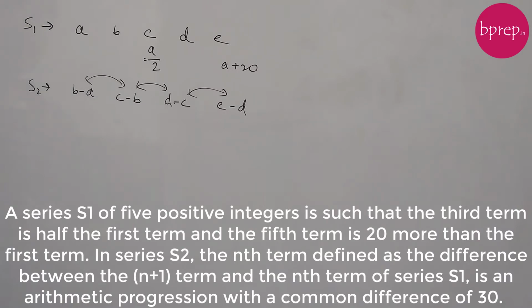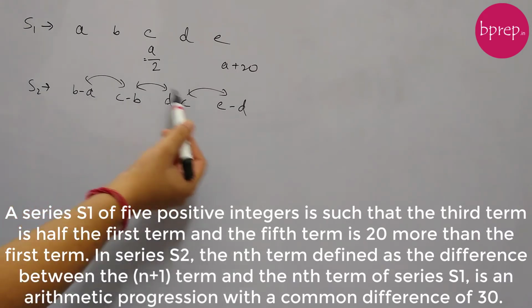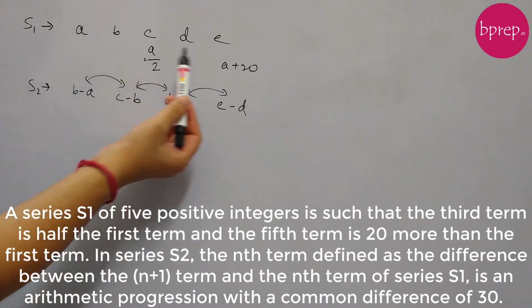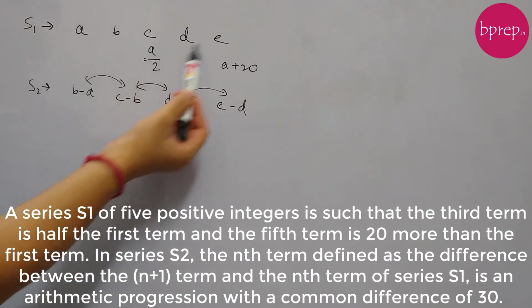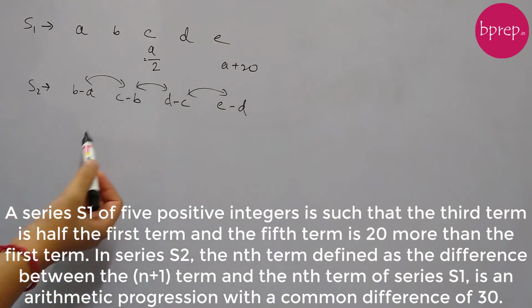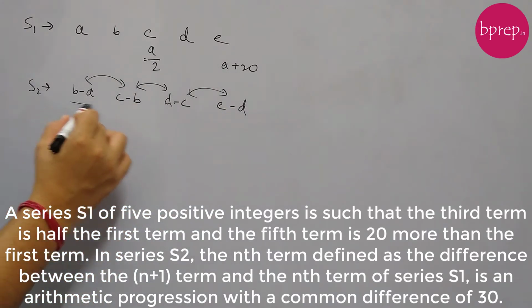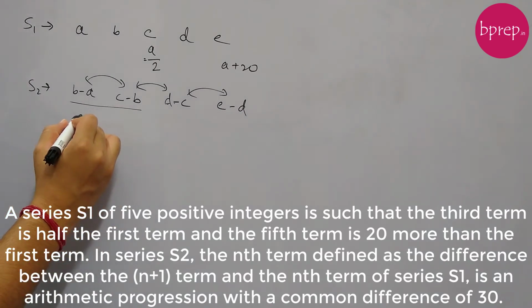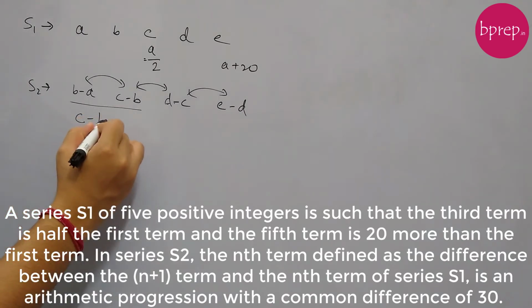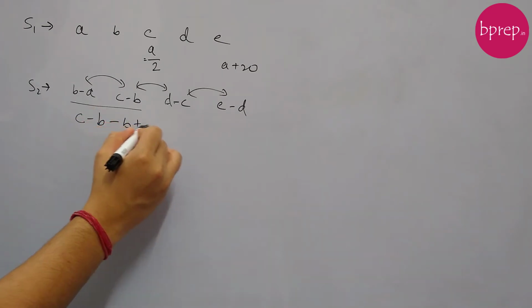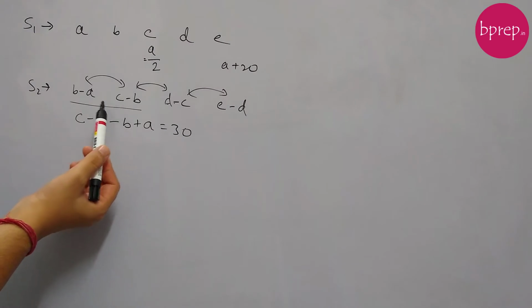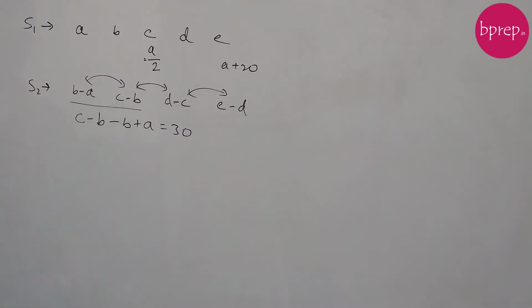With the given relations, we'll try to find A, B, C, D. So C and E can be written in terms of A. Now, the difference is 30, so can we say C minus B plus A is 30? We have subtracted the first term from the second term.